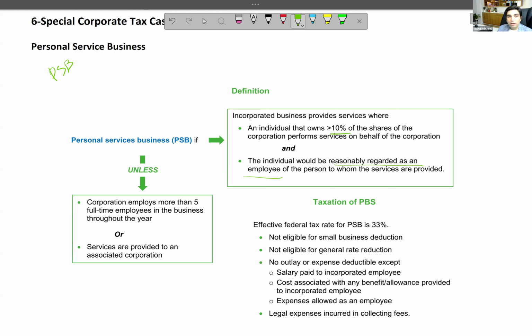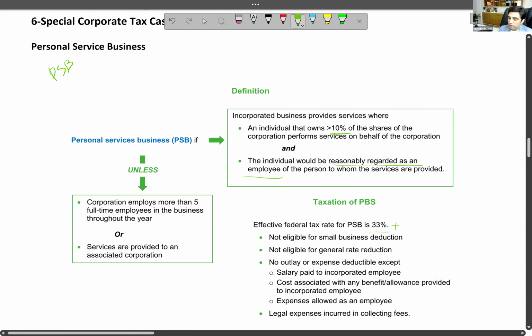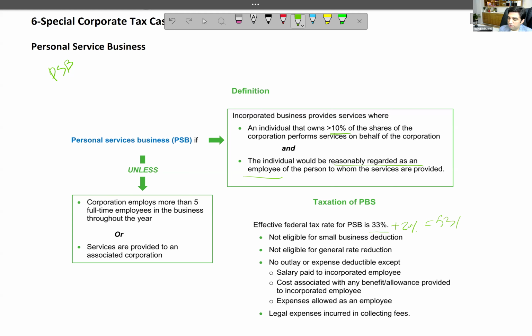The first thing is to forget about those 11%, 27% tax rates. The CRA is going to charge 33% on the federal level plus 20% on the provincial level, which is 53% tax. The corporation has to pay 53% tax. Why? Because it's a PSB.